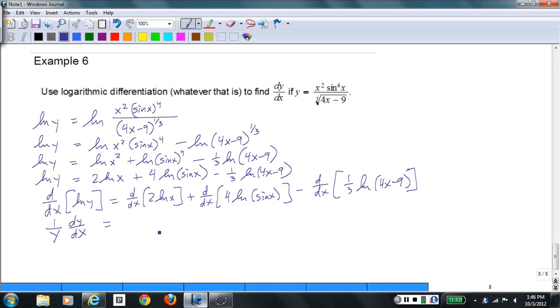Over here, it's all explicit. d dx of 2 natural log of x is going to be 2 times 1 over x.